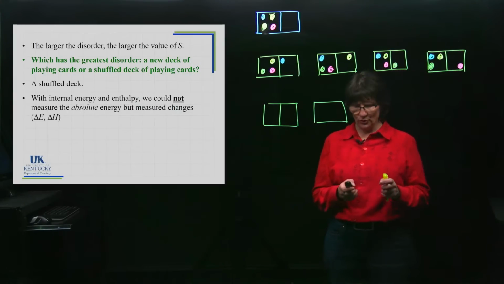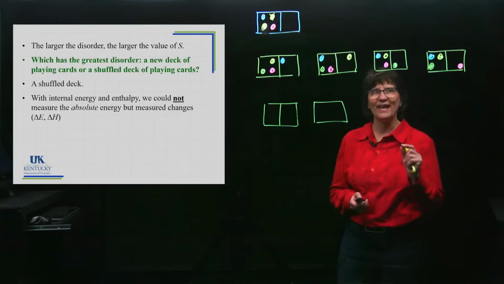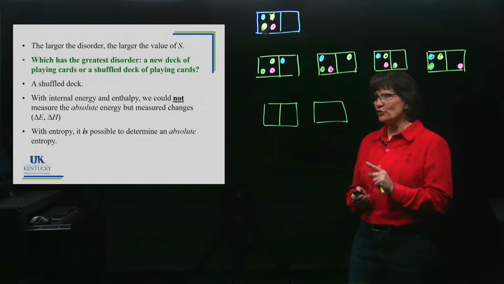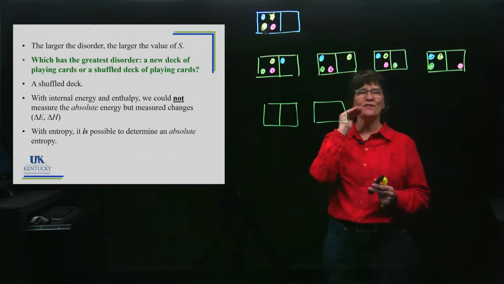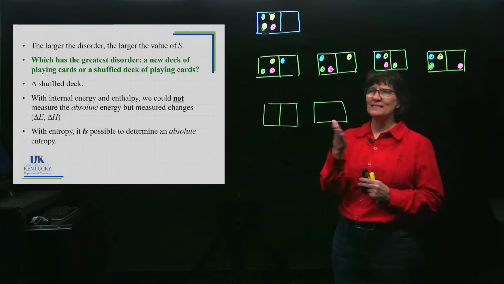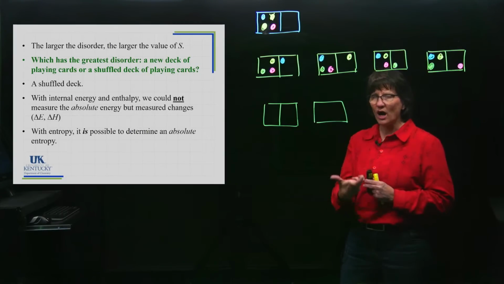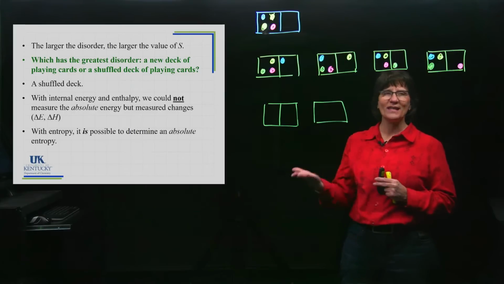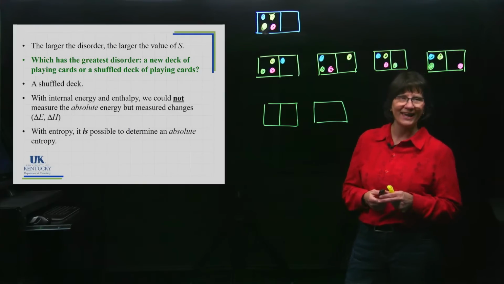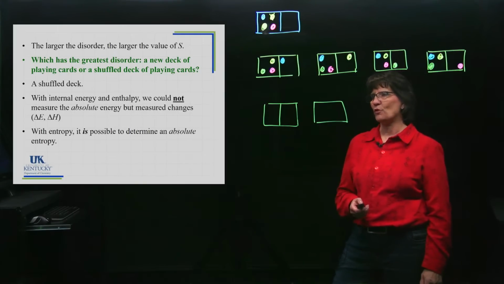This is not true with entropy, the S one, okay? With entropy, it is possible to say, this is how much it has. It is easy to make a judgment about the value of S, and you don't always have to talk about it in terms of change like we have to for the other two.